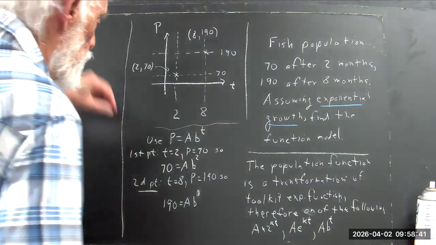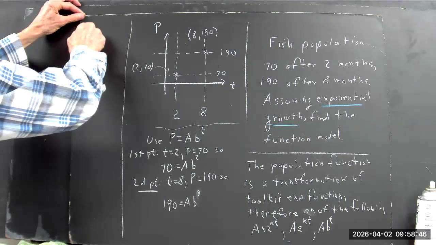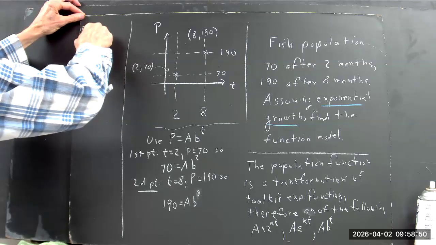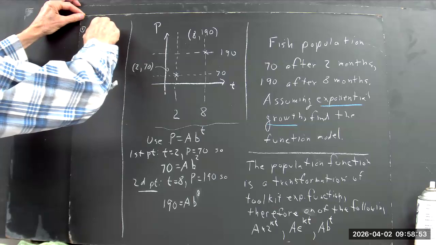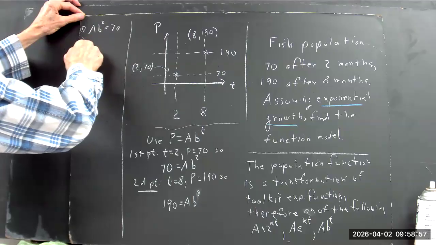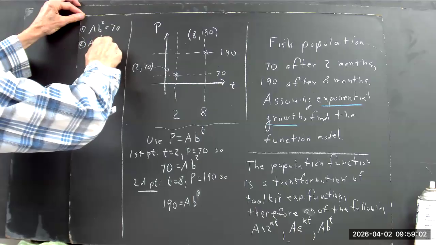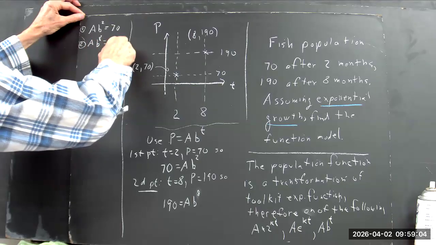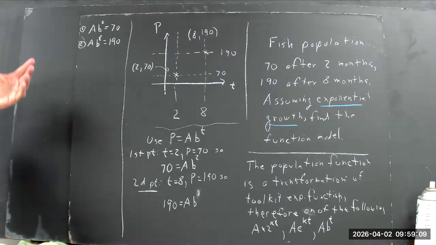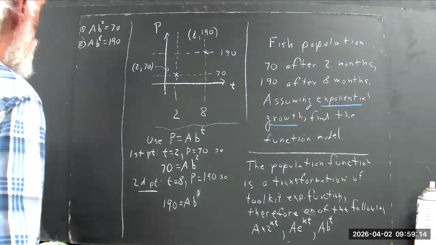Okay, well, it's fortunately pretty easy to do this. If my equation 1 is a b squared equals 70, and equation 2 is a b to the 8th equals 190, then what can we do to solve for a or b?